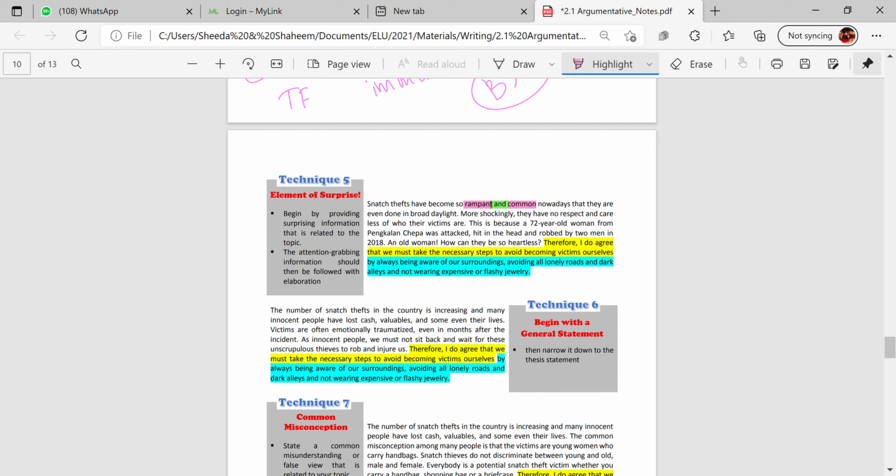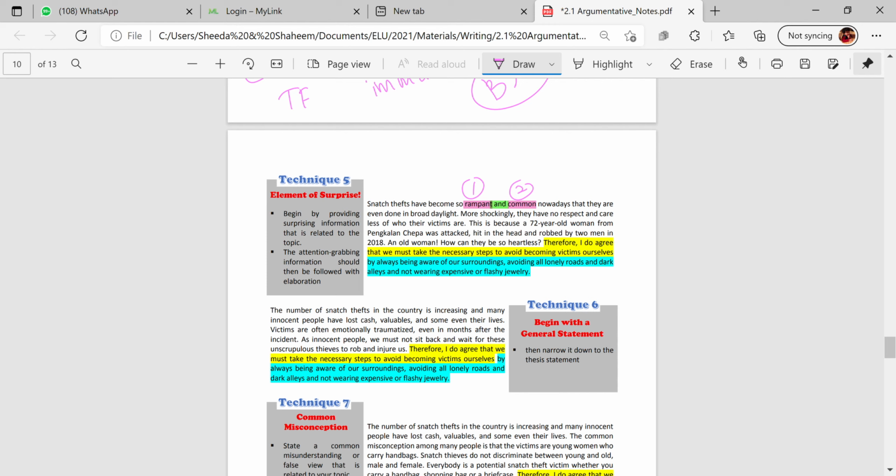If you do not know what rampant means, do not panic. If you come upon any words in your reading comprehension text or whatever that you are reading, and the word is unfamiliar to you, do not panic. Just read on. For example, so rampant and common. I do not know what rampant means, but do we know what common means? Okay, if we know what common means, meaning something biasa, something which is done every day, which is so familiar to us.